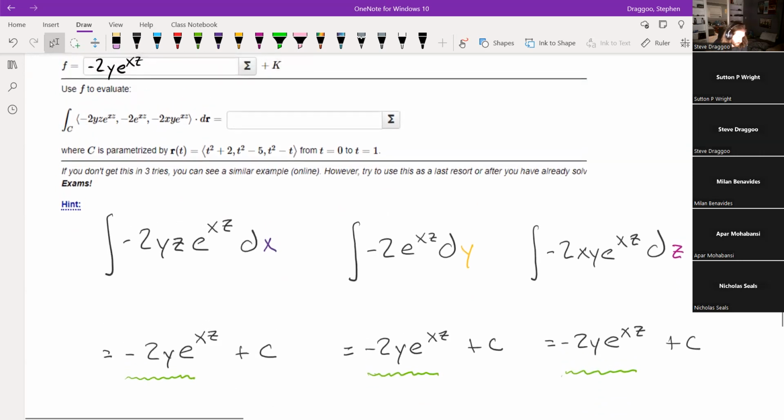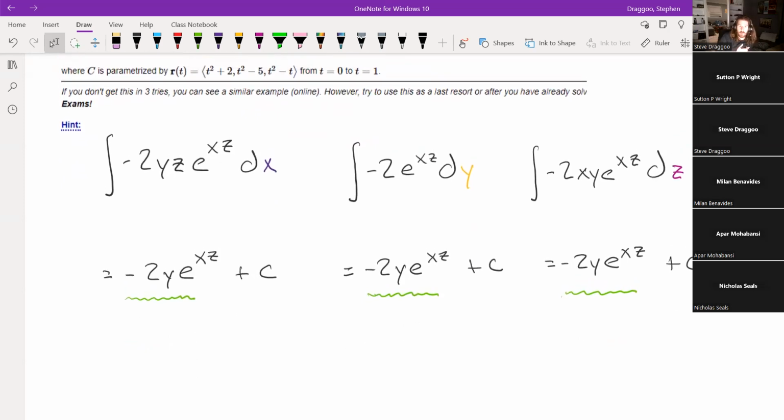So we were asked to integrate that gradient vector field, which can be parameterized by r of t between t equals 0 and t equals 1. And instead of doing that, because that looks kind of terrifying, having to substitute all that stuff in for t, I'm going to instead use the fundamental theorem of line integrals to evaluate this in a much easier way.